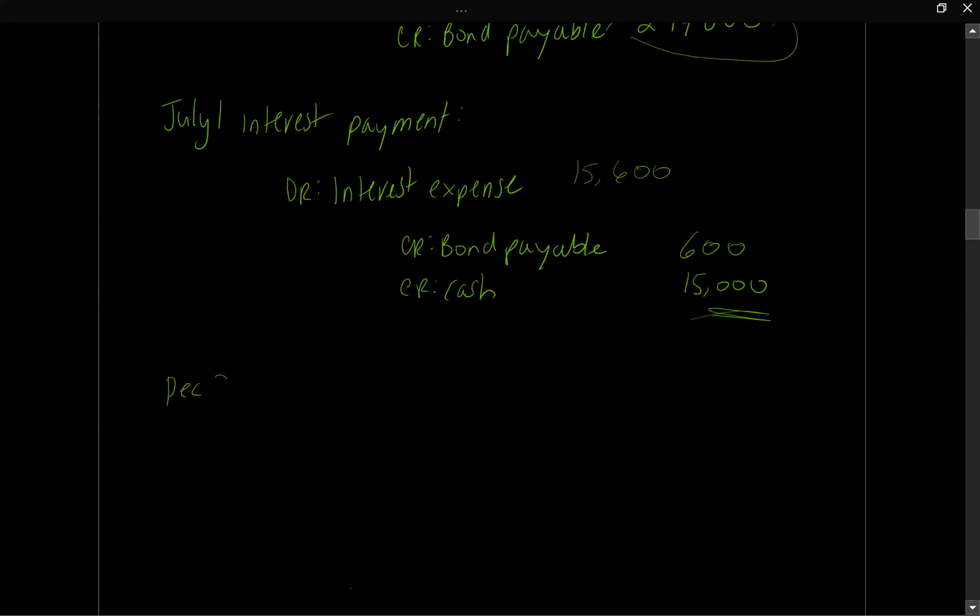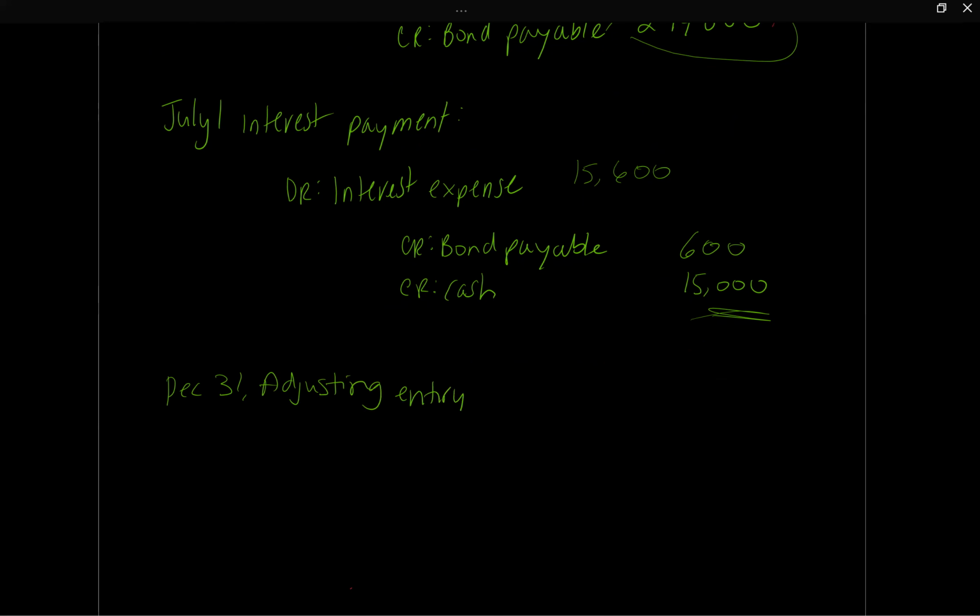And then our December 31st adjusting entry. And this is going to be debit interest expense. Credit bond payable, because we know every period we're going to need to be amortizing that discount to get that bond closer to the face value.